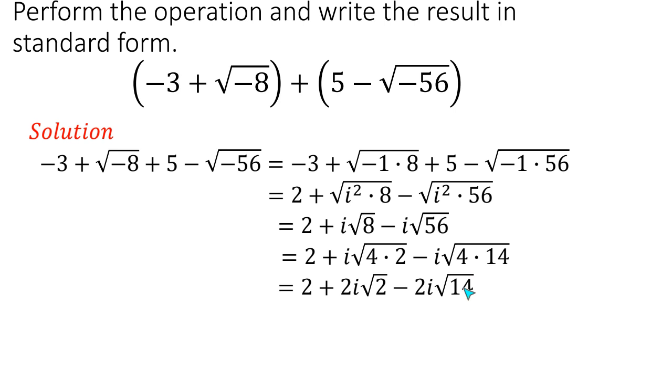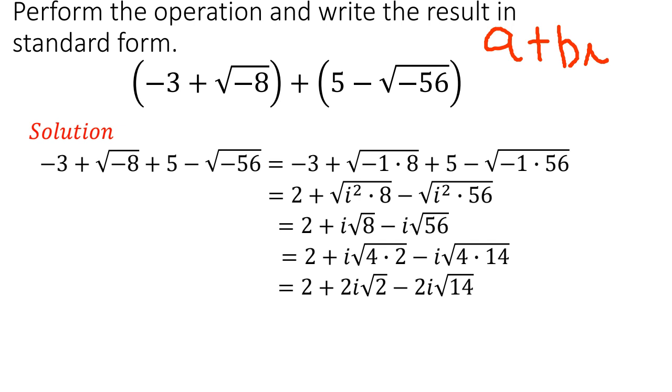Can I add the square root of 2 with the square root of 14? We can't because they're different. However, notice that we want to write in standard form. So that means that your answer has to look like this: A plus B times i.